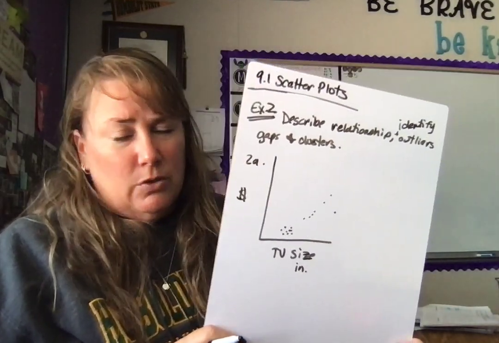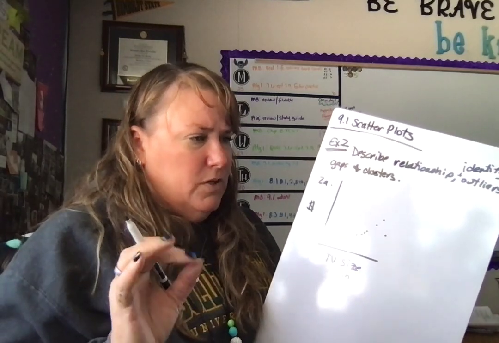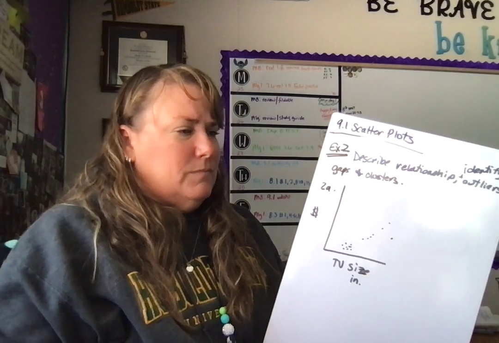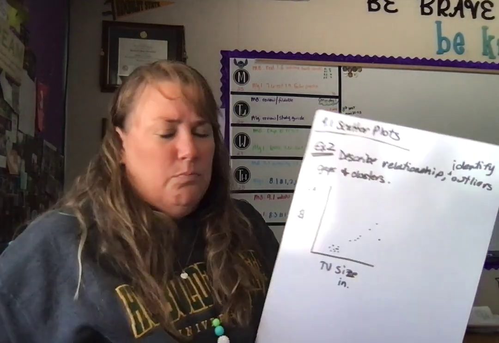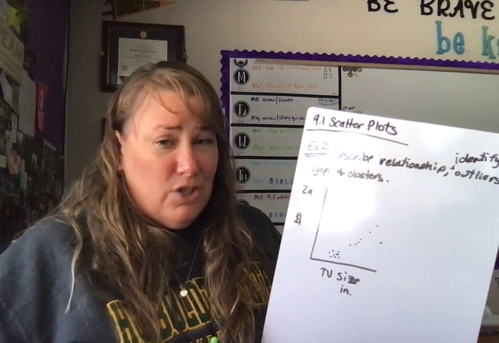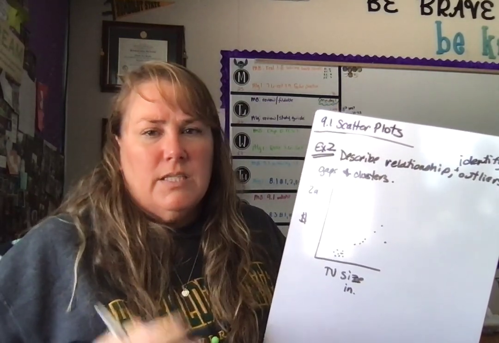Like I said, you don't need to copy this. So now we are going to first of all talk about the relationship. We're going to identify if there's a relationship. This is about TV size and how much it costs. And I know you guys aren't really generally shopping for TVs. Maybe you have bought a TV yourself. But let's think about this logically.